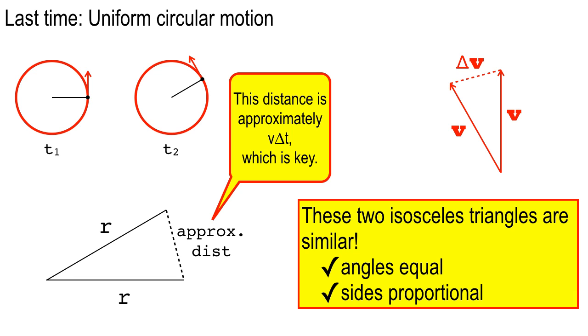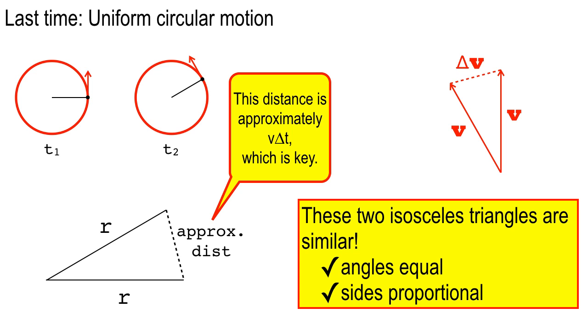V delta t is the exact amount of distance, and that dashed line is close to that distance. It's not exactly the same, because the dashed line is a straight line, whereas v delta t goes along a circular arc for 30 degrees. So it's a little bit longer.